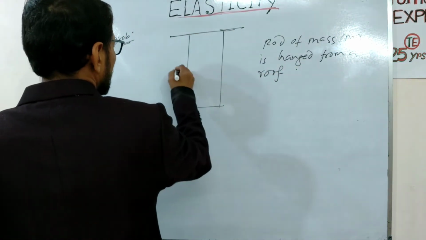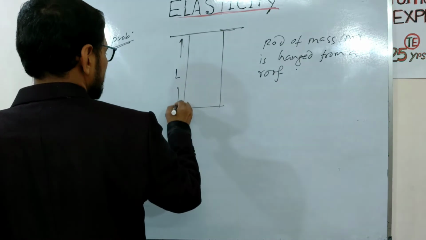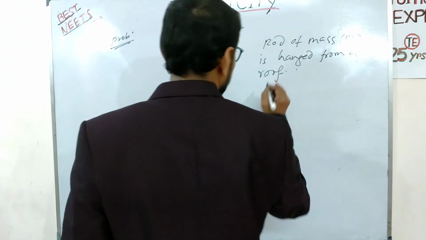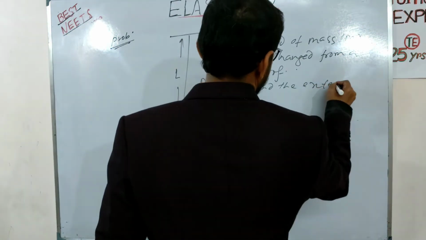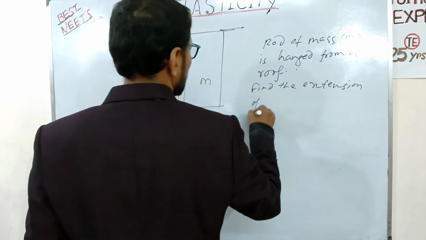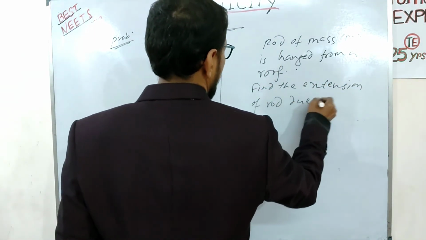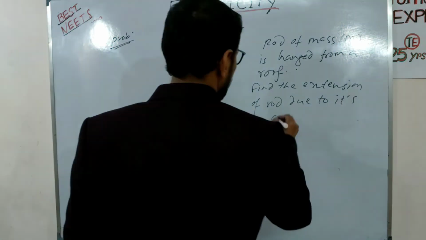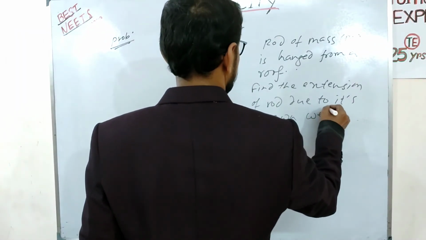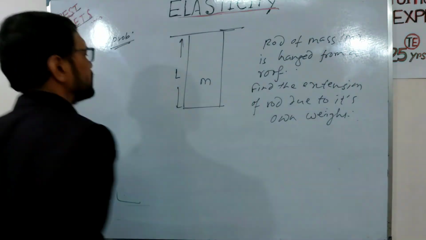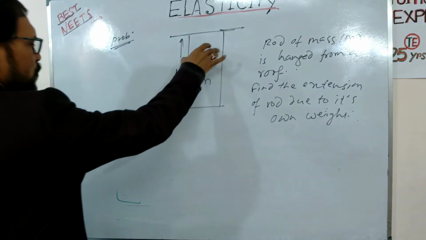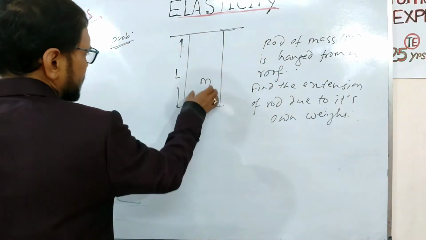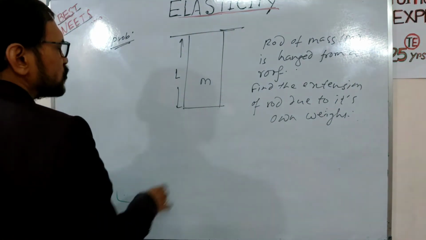This is a rod of length L and mass M. Find the extension of the rod due to its own weight. A rod of mass M and length L is hanged from a roof. What is the extension of the rod due to its own weight?